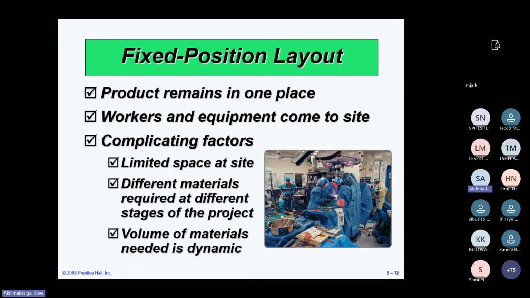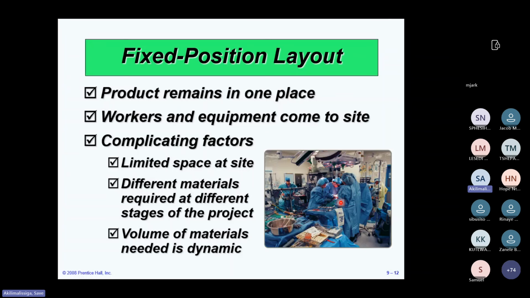If there is need for a doctor or a special doctor to come and see what is going on, that doctor must come to this specific area. If the operation continues, all the workers, all the doctors, they must come to this specific room in order to get the operation going. So it says workers and equipment come to site.